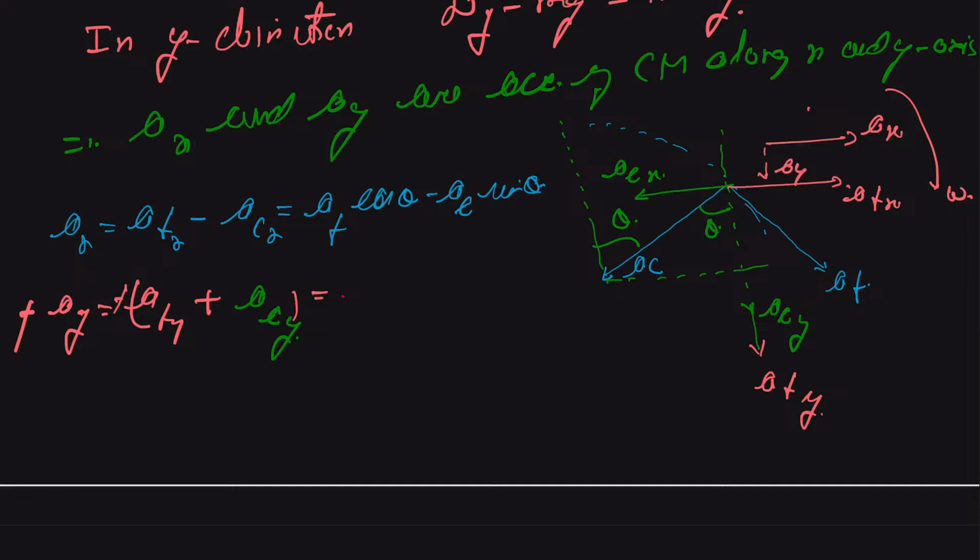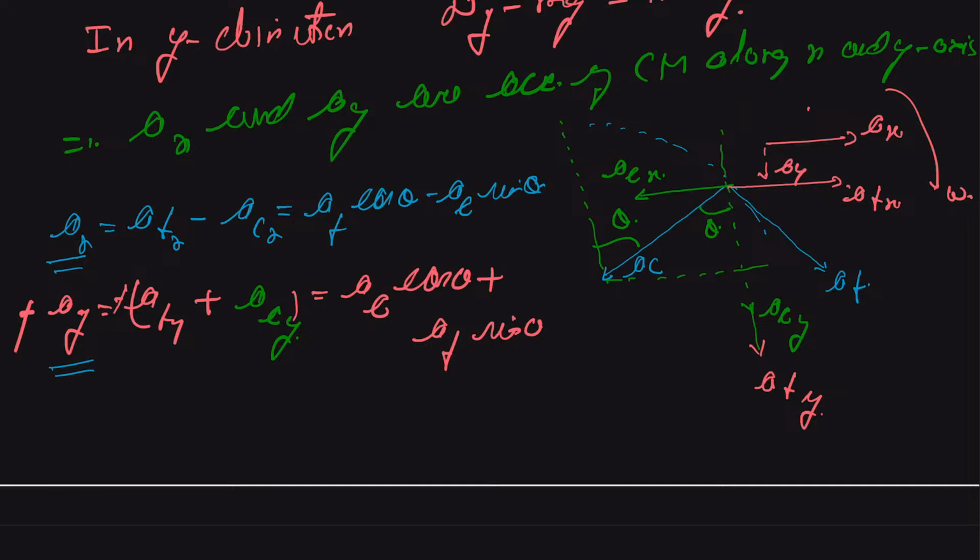So we get this as our AC cos of theta plus AT sin of theta. So we got our component A of x as well as A of y in terms of our centripetal as well as tangential components.